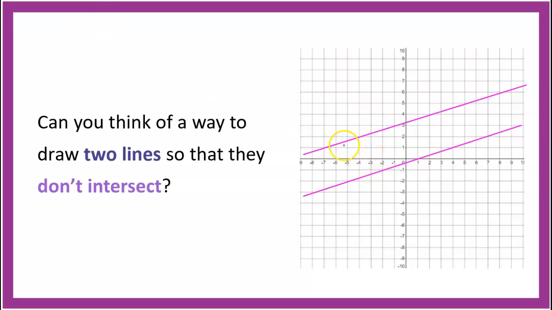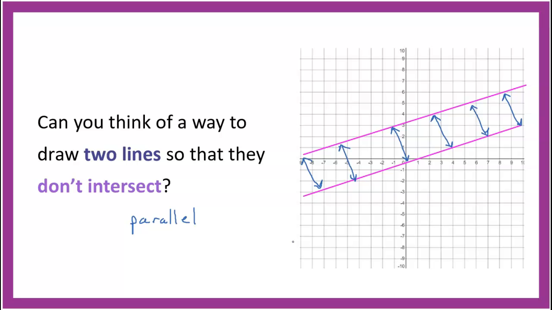Now remember how we talked about the distance between the two lines? The distance between these two lines will be the same everywhere. They don't get closer together, they don't get further apart, they're always the same distance apart. And that is because they have the same slope, the same steepness. They're going up at the exact same rate. So the word we use for lines like this is parallel. They never intersect. They have the same slope and different y-intercepts.